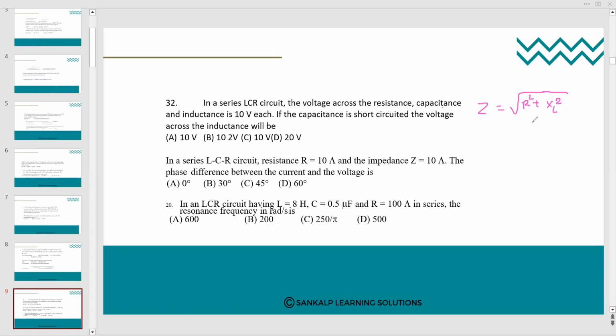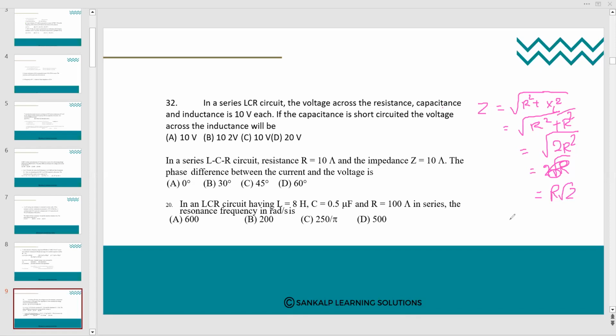Therefore, when the capacitor is short circuited, we can substitute XL is equal to R. Therefore, this is nothing but R square plus R square, that is 2R square. So it becomes root of 2R square, which is R root of 2.